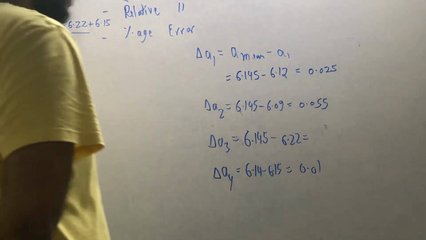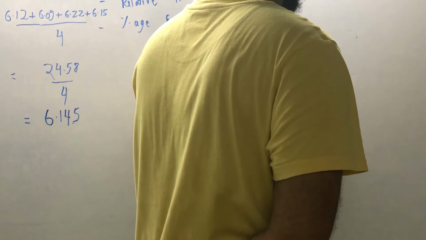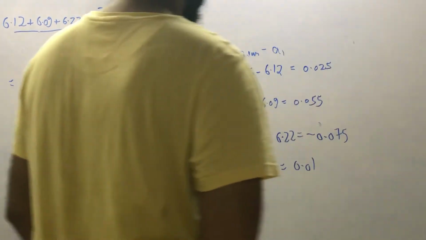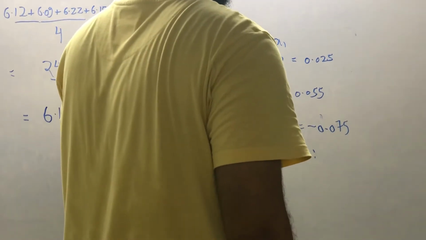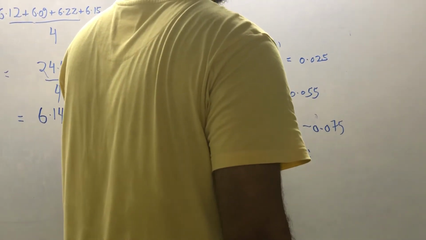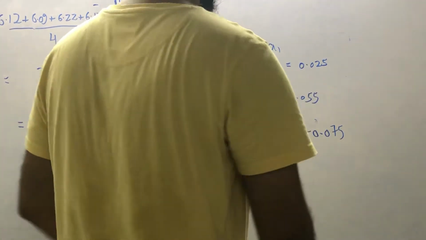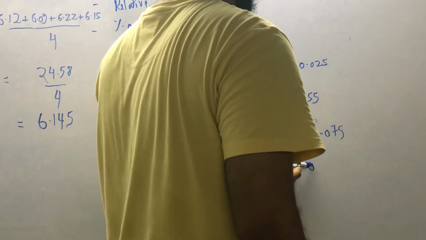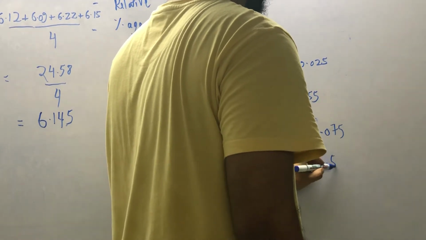Okay, so this is minus 5 and this one is 6. Okay, this comes out to be 0.005.